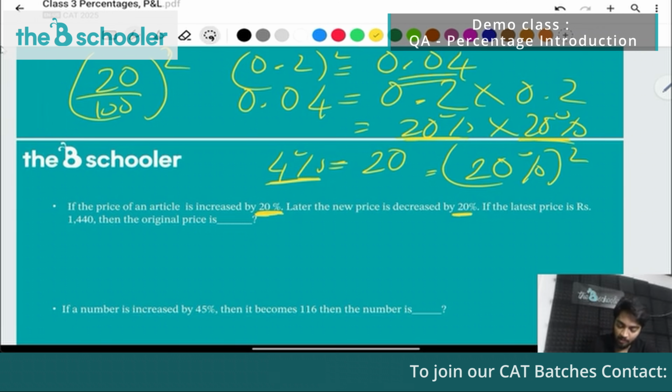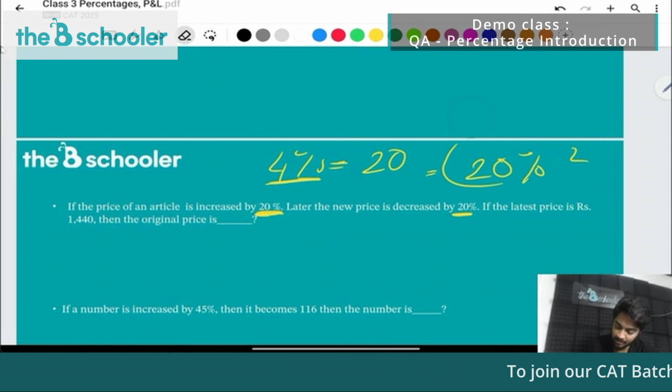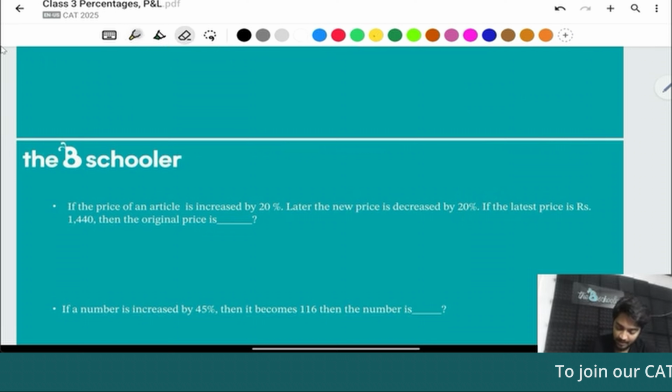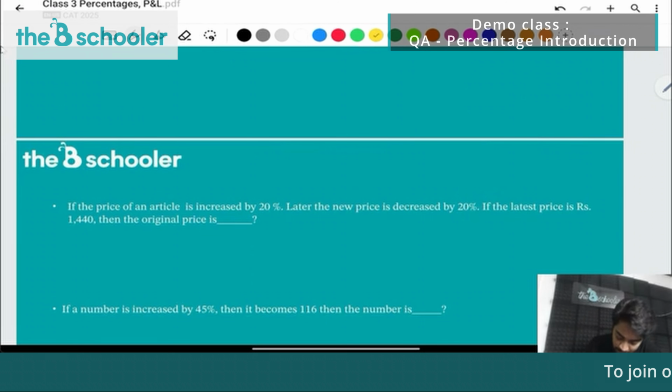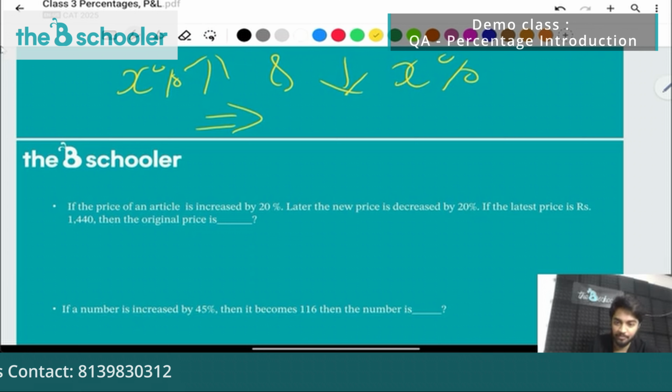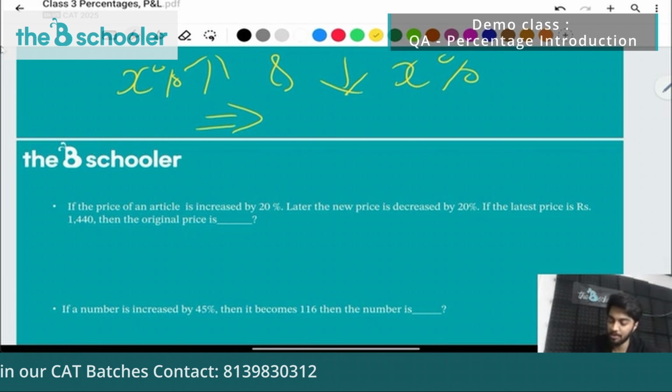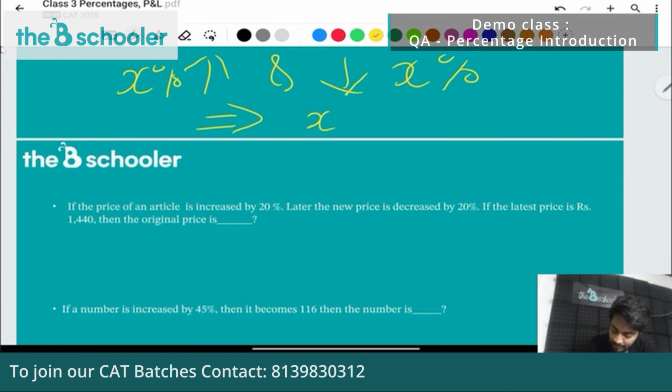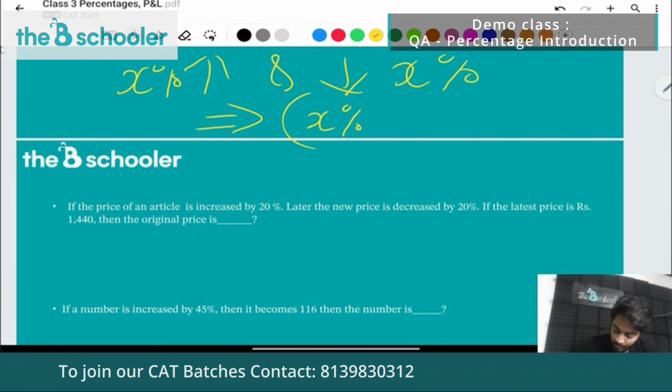That means if I generalize this without putting values for percentage change, can I say that when something is increased by X percentage and decreased by X percentage again, the resultant is going to be down by X percentage square?